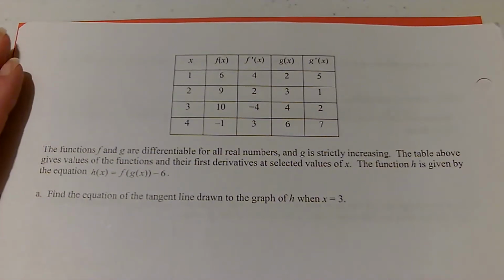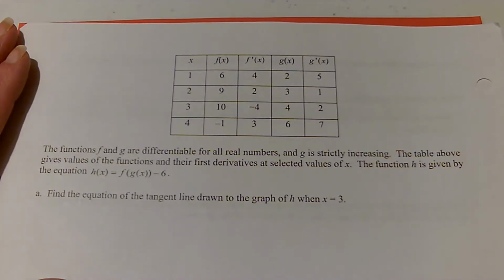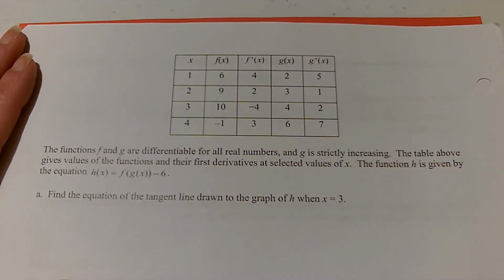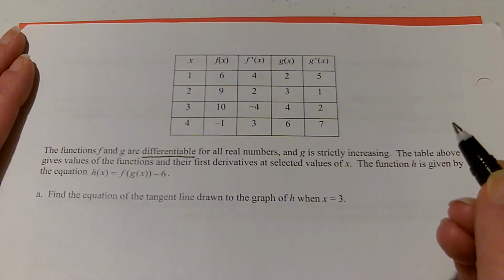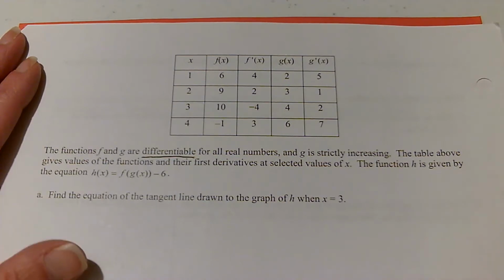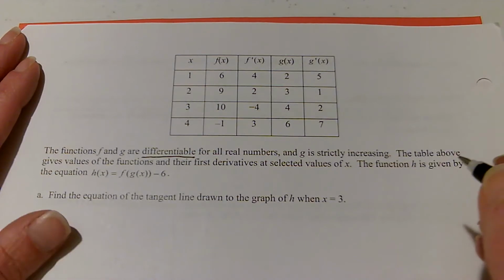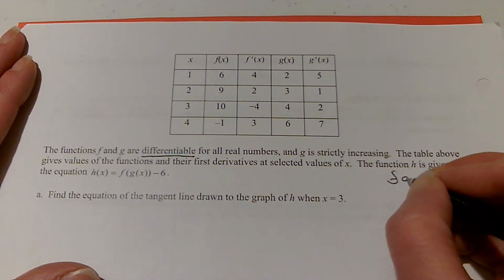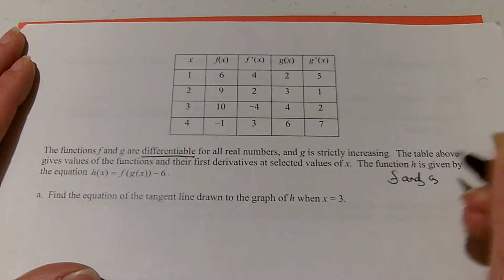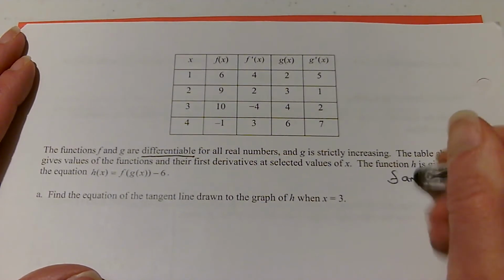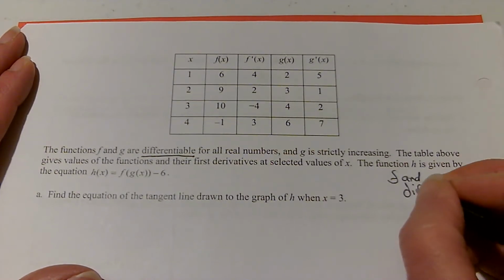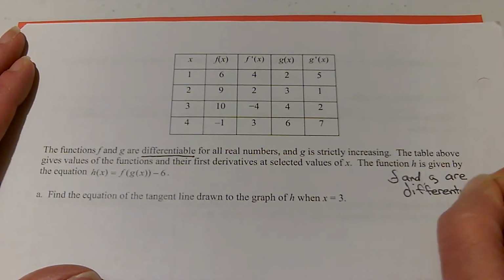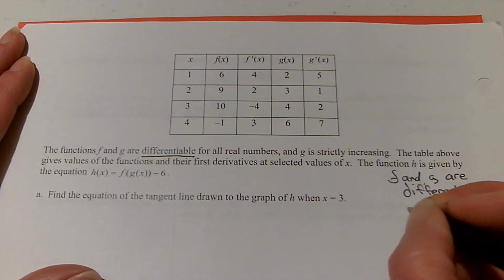So in the table, we're given f of x, f prime of x, g of x, and g prime of x. And it says both are differentiable. So f and g are both differentiable. So I might make a note, f and g are differentiable, and continuous.